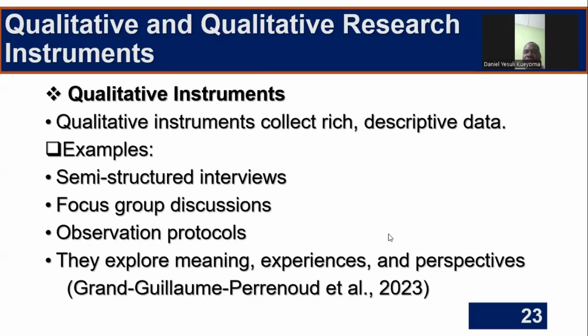They explore meaning, experiences, and perceptions. So all the things that I just mentioned as examples of instruments look at the reason behind, the perception, the experience, and the context in which all this information you're seeking can be received.